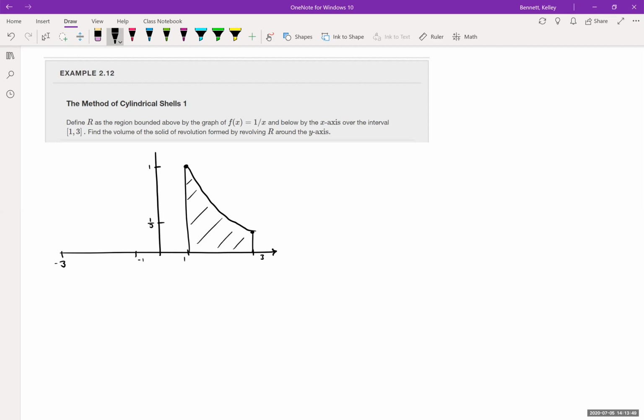I'm going to rotate this about the y-axis. To do that, I typically draw the reflected region, and this would look like this.